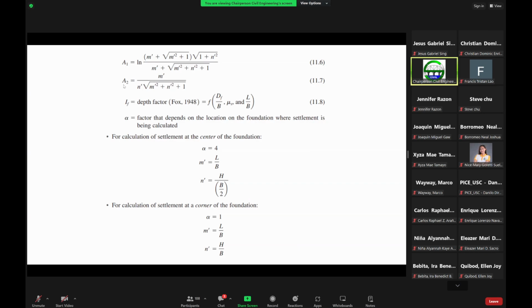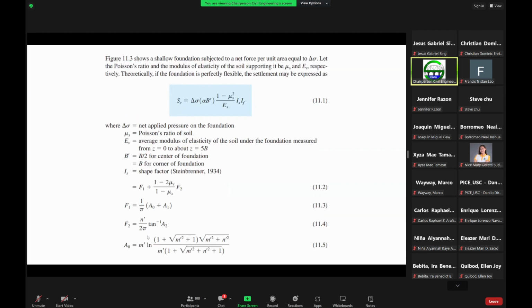And then you have also here a sub 2, which is again a function of m prime and n prime. So later on, we'll have these values for the m prime and n prime. So we have now a sub 0, a sub 1, and a sub 2. So that's to get I sub s. So we now get this one.